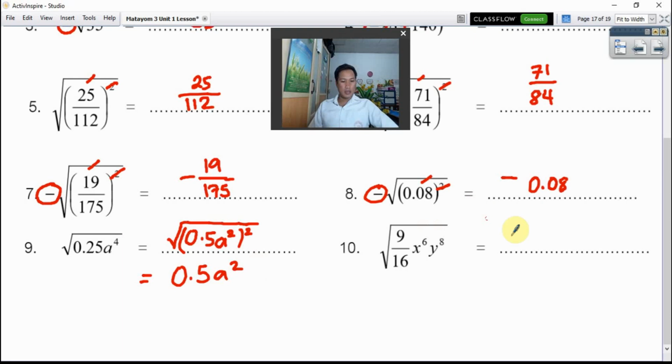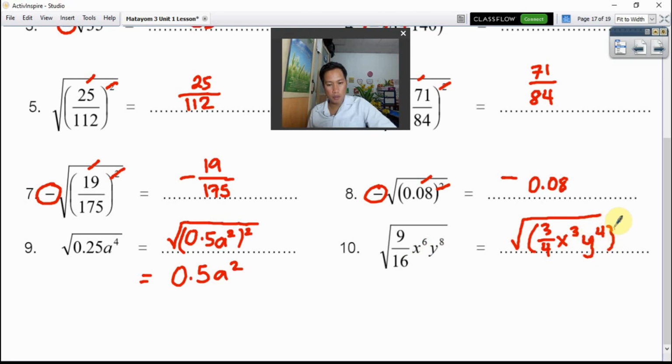Now let's look at exercise number 10. We need to change this into a square. So this will become 3 over 4. So 9 and 16, 3 squared, 4 squared, x to the power of 6, x to the power of 3, or x cubed, y to the power of 4 squared. OMG, we have an odd exponent here. So you have to be careful when you have an odd exponent.